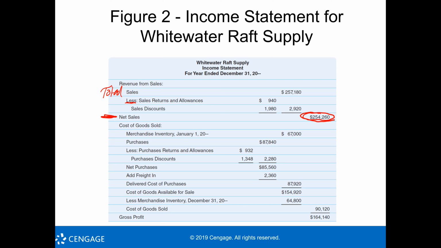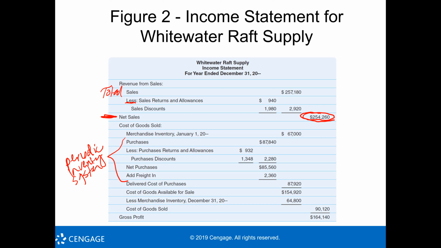And then we know that this is a periodic inventory system because we see the purchases, purchase discounts, freight in, and purchase returns and allowances. So we know this is the periodic inventory system, this company, Whitewater Raft Supply.